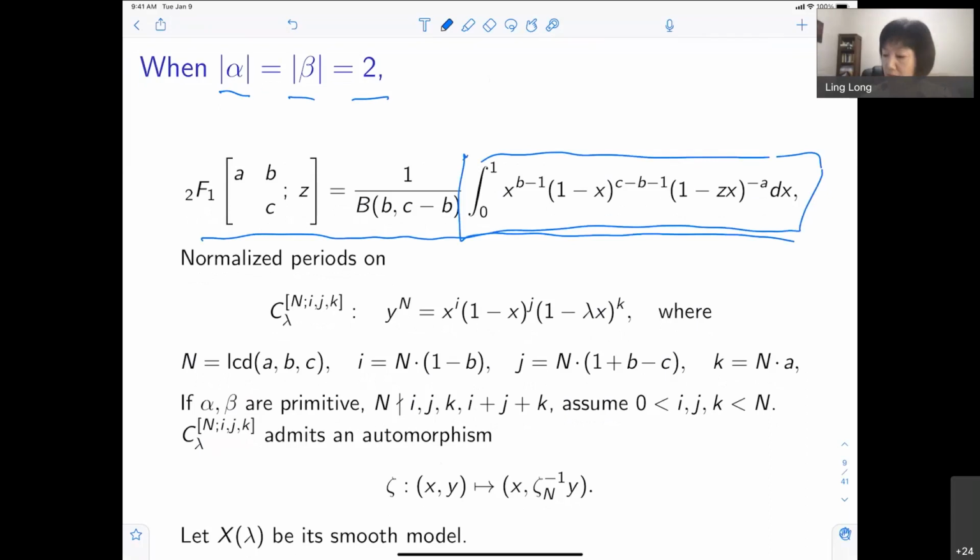So this particular integral, as I explained when drawing the picture for the Legendre curve case, you can replace 0, 1 by the Pochhammer contour integral if necessary. So this is going to be relating to a differential on such a ramified cover of CP1 ramified at 0, 1, 1 over lambda and infinity.